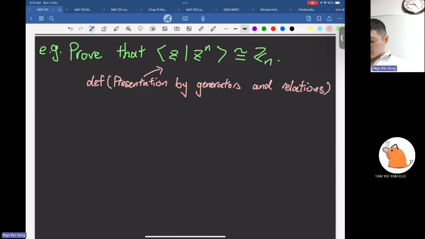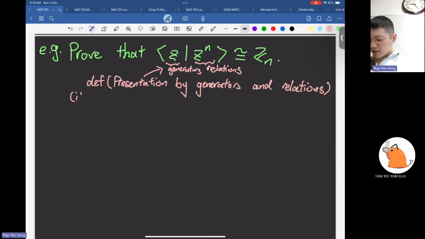The left-hand side of this bar is what we call the generators. The right-hand side of the bar is what we call the relations. Then you need to say what the generators and relations do.